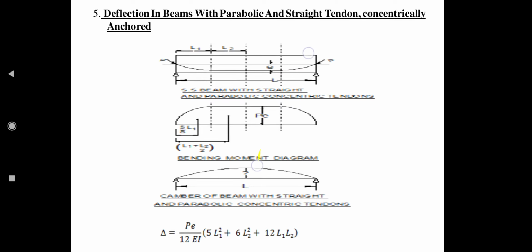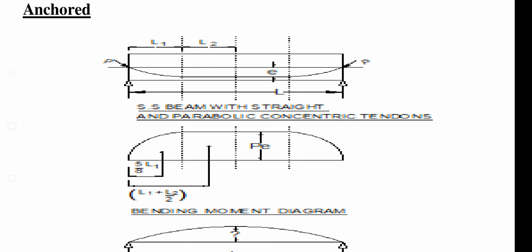And the next case is deflection in beams with parabolic and straight tendons concentrically anchored. So in previous slides we saw that the cables were parabolic and the cables were linear, but here the beam is provided with both. For some length the cable is linear and for some length the cable is parabolic.